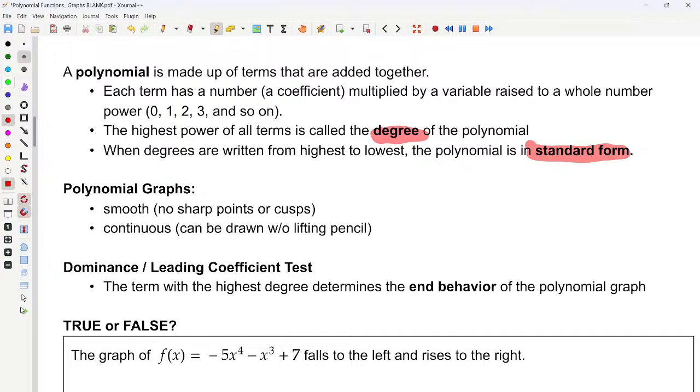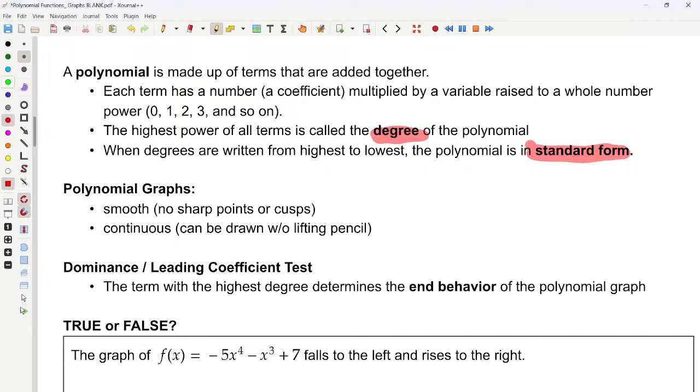Polynomial graphs, just things to briefly know. There's no sharp points. They're always smooth or kind of just linear at points. But there's no sharp points. There's no cusps. That's a new word I introduced tonight. And there's no breaks. There's no holes. There's no asymptotes. There's nothing. I call them roller coaster graphs almost. It's like that'd be a fun roller coaster to ride.